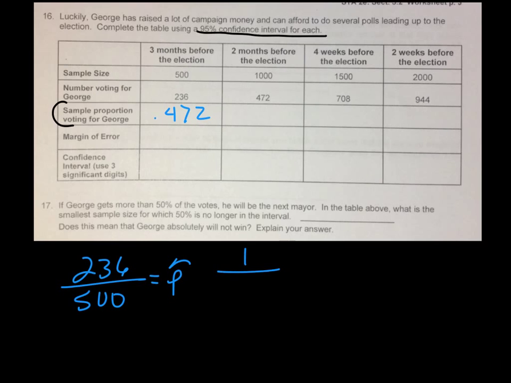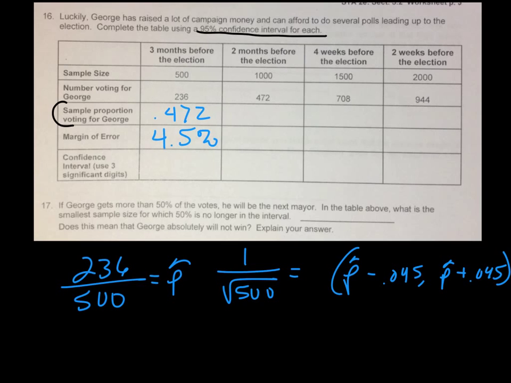Now, you're going to do your margin of error. Well, remember, it's 1 over the square root of n, and your n in this case is 500. So that happens to be, on number 16, 4.5%. So we're going to leave it as a percent for this one. And then your confidence interval. Remember, you're going to take your p-hat, you're going to subtract, you're going to change 4.5% to a decimal, so minus 0.045. And then you're going to take your p-hat and add 0.045.